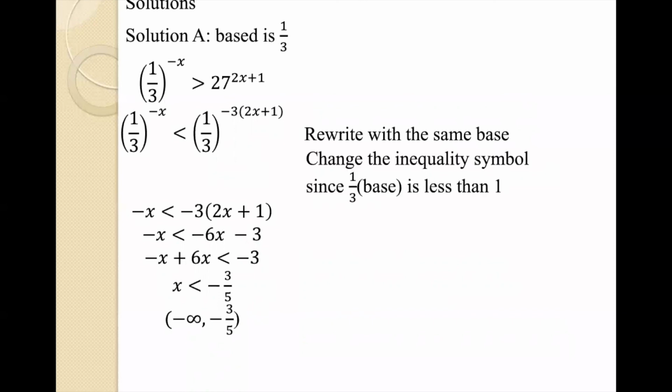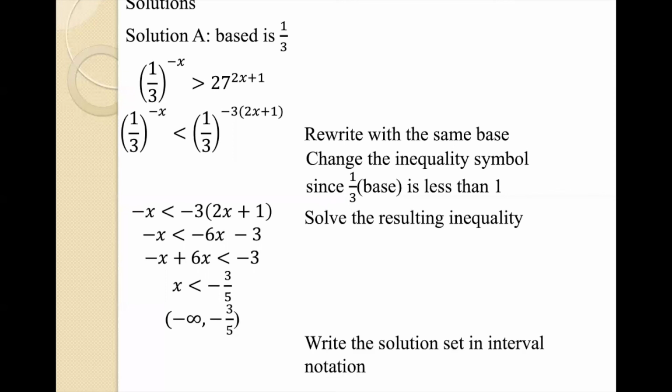Since the base is less than 1, which is 1/3, we have to reverse the inequality symbol. So from greater than, it becomes less than. So they have the same base already.